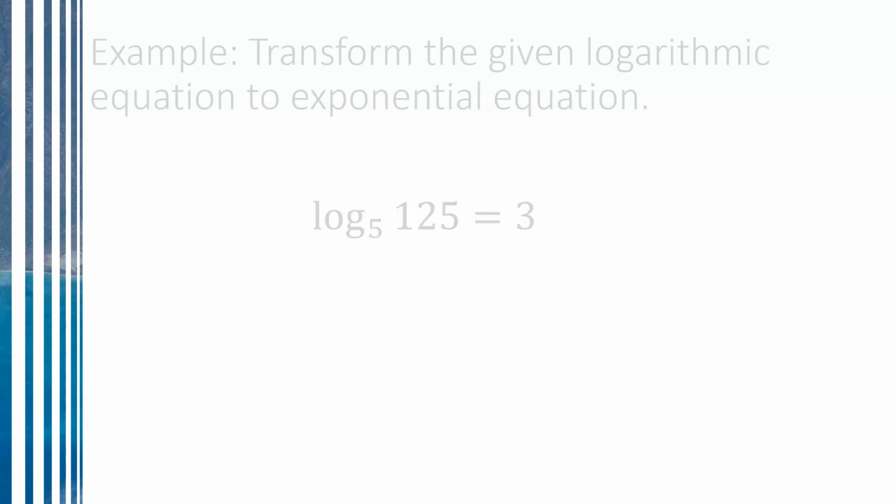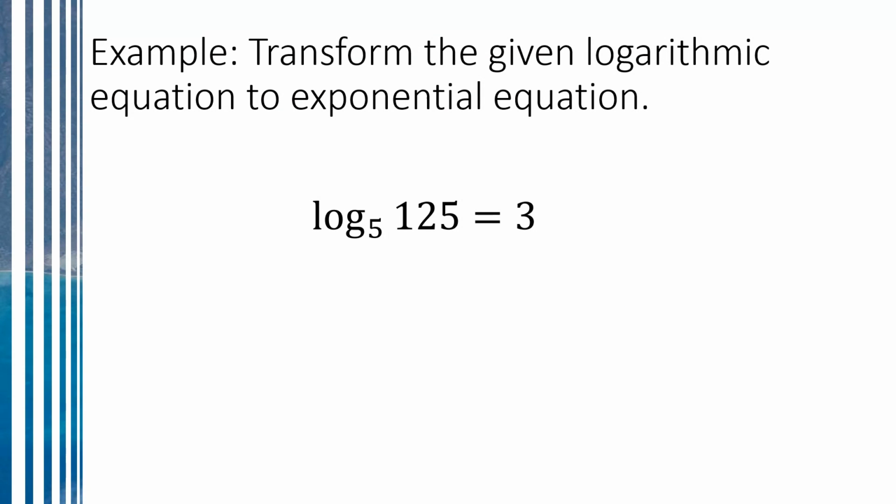Let's have an example. Transform the given logarithmic equation to exponential equation. The logarithm of 125 to the base 5 equals 3. As on the previous slide, this subscript becomes the base, this is the exponent, and this is the answer.